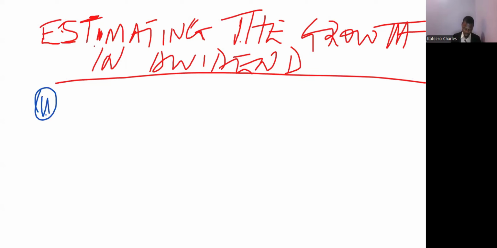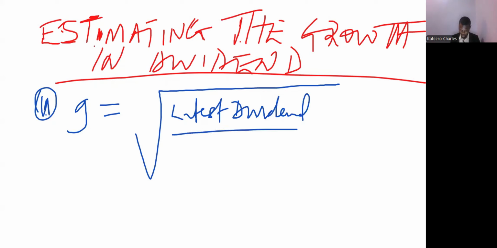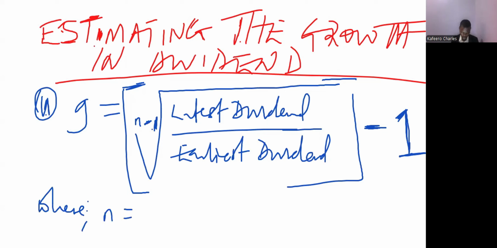One, we can use the formula G equals the latest dividend over the earliest dividend, all to the power of 1 over n minus 1, minus 1, where n is the number of years.